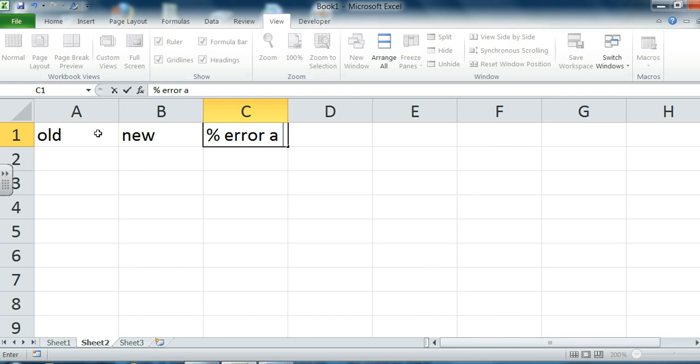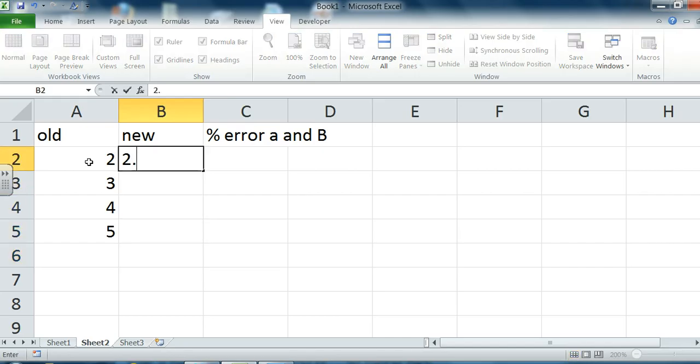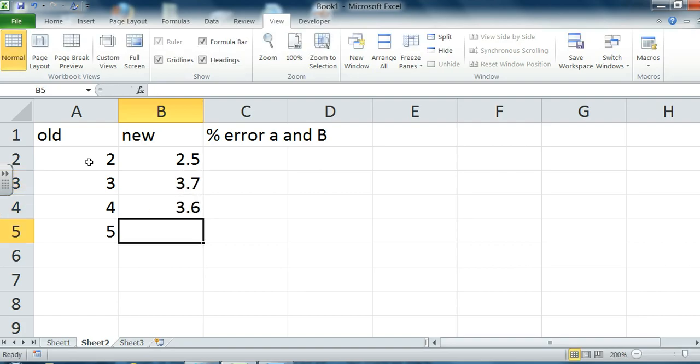We'll make it a capital A. Okay, so the old data: 2, 3, 4, 5. And the new data: 2.5, 3.7, 3.6, 7.8.